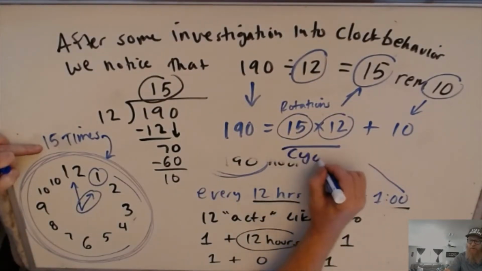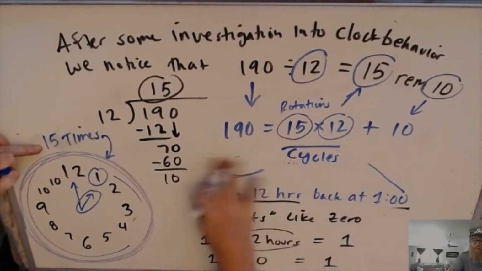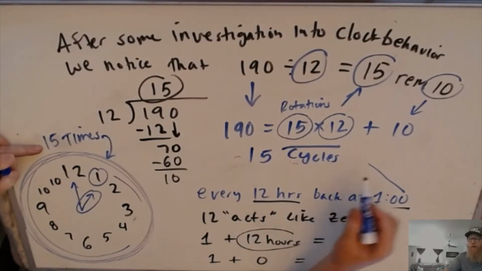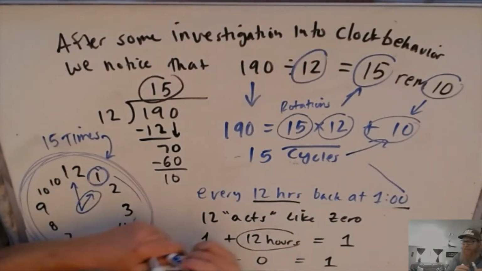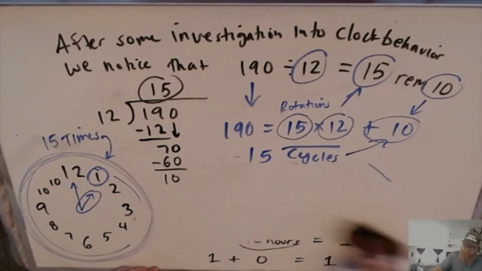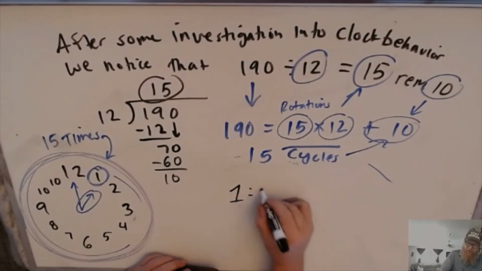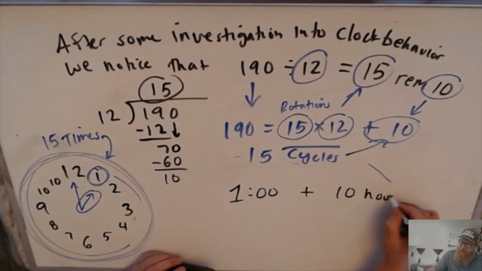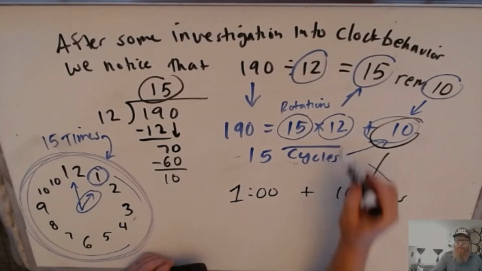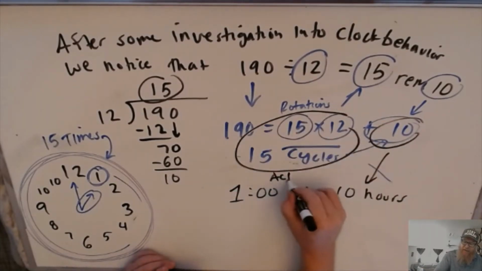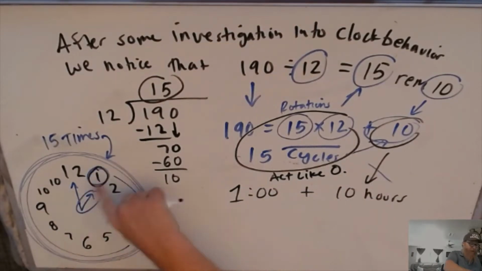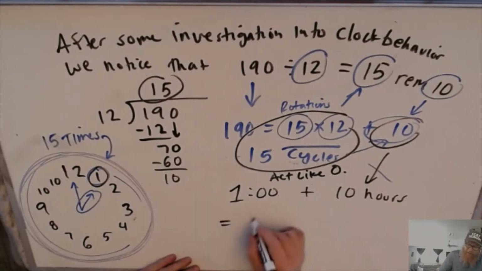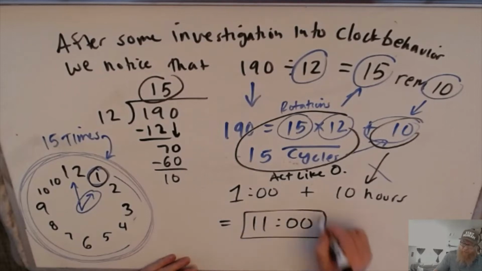Those are called cycles. 15 cycles, plus an additional 10 hours. So I really only have to do 1 o'clock plus 10 hours, because these 15 cycles are going to act like 0. You're just going to end up right back at 1 o'clock again. And then you're going to add 10 hours to that. And so the clock will read 11 o'clock.